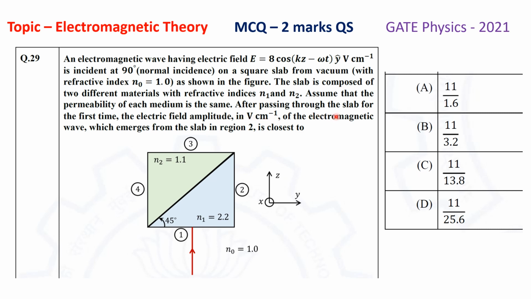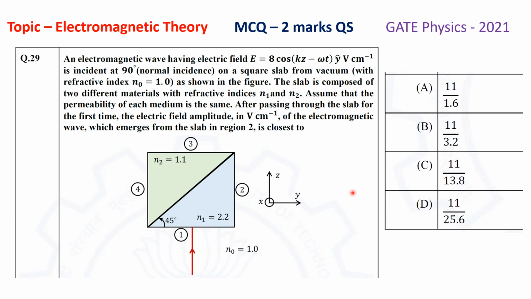After passing through the slab for the first time, the electric field amplitude in volt per centimeter of the electromagnetic wave which emerges from the slab in region 2 is closest to. There are 4 options given. Option A 11 by 1.6, option B 11 by 3.2, option C 11 by 13.8 and the last option, option D 11 by 25.6.